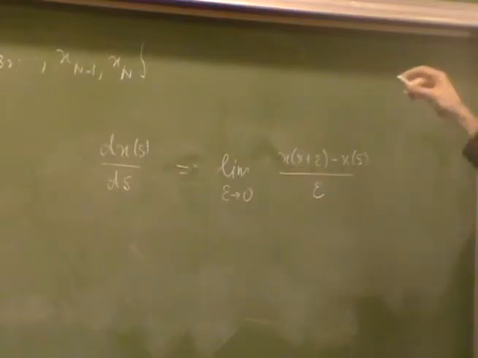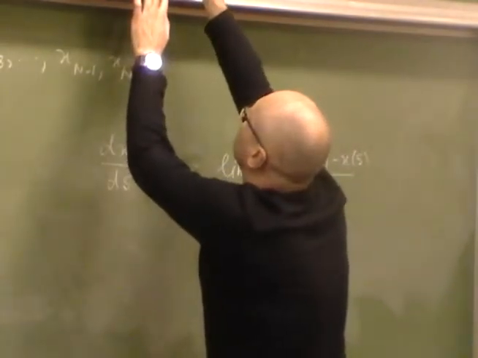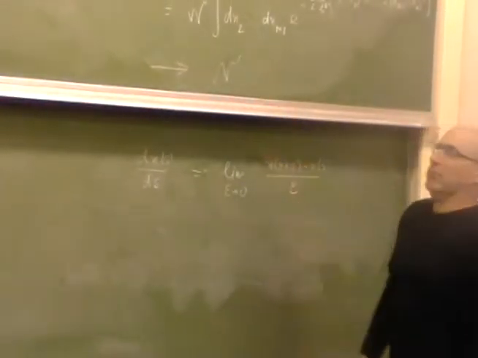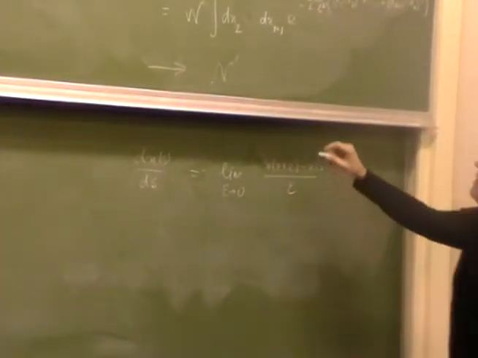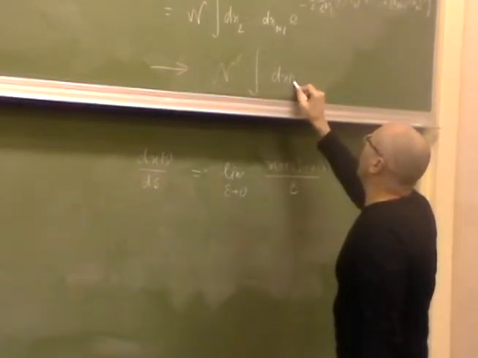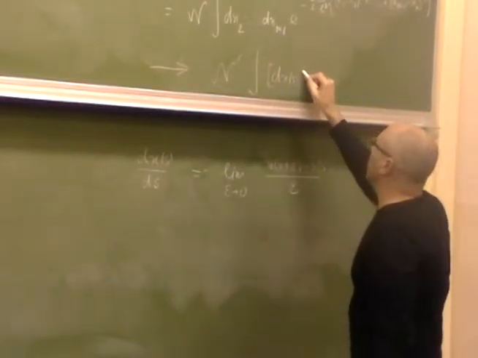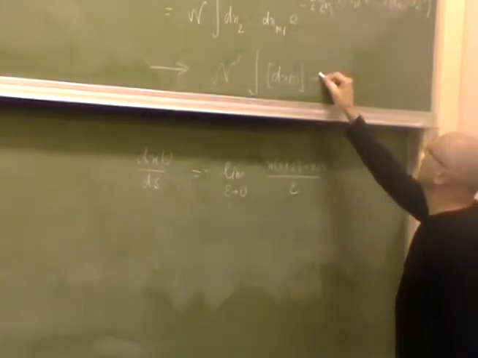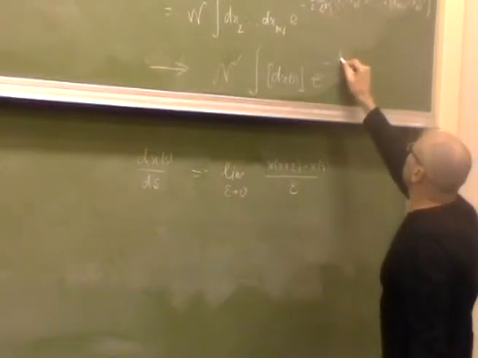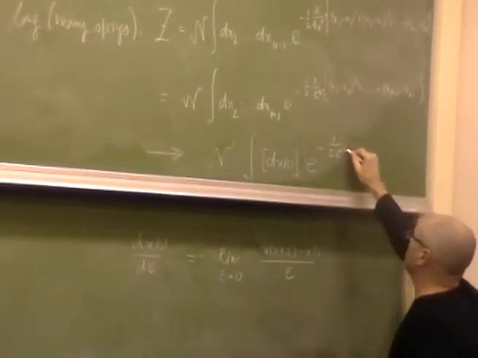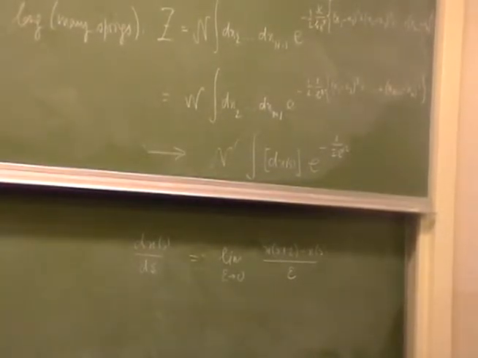So quite logically, our continuum limit of this should be some normalization factor depending on this limiting process, some integral over all continuum functions of S, minus something divided by perhaps another length scale squared.